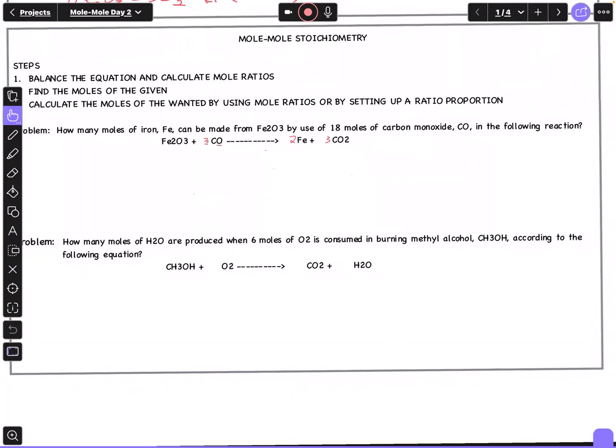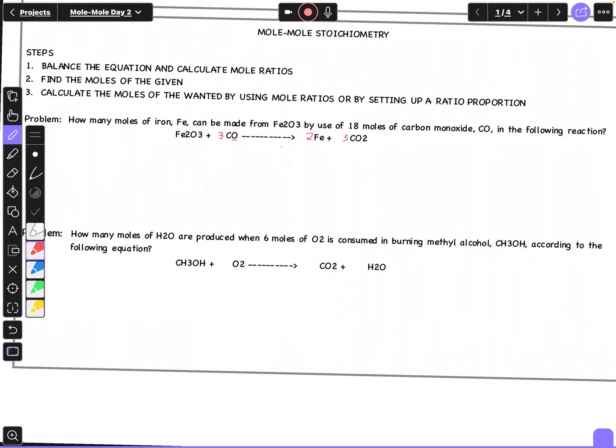It asks how many moles of iron, that's going to be my unknown, my wanted, moles of Fe, can be made from Fe2O3 by use of 18 moles of carbon monoxide. 18 moles of carbon monoxide is my given. So I'm given 18 moles of carbon monoxide. I'm going to go ahead and write that down.